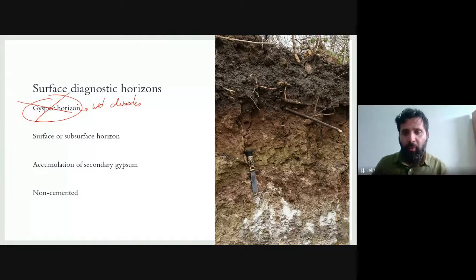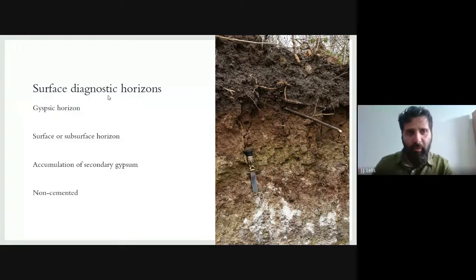So water leaches these elements, and water doesn't migrate from the subsurface to the surface, bringing elements. Water is always going down and leaching the elements. So we can't create this kind of horizon in wet climates, okay? Only in arid or semi-arid regions.